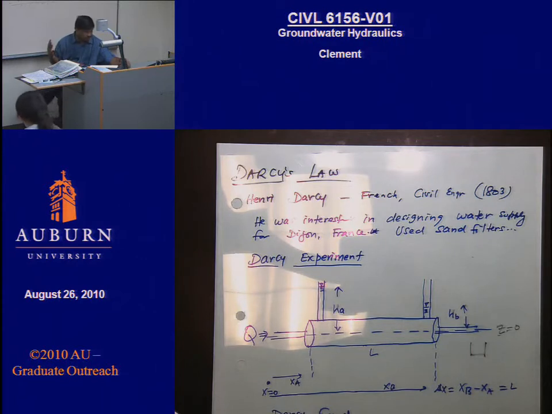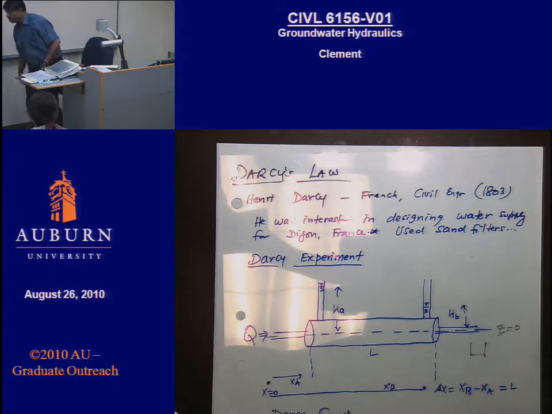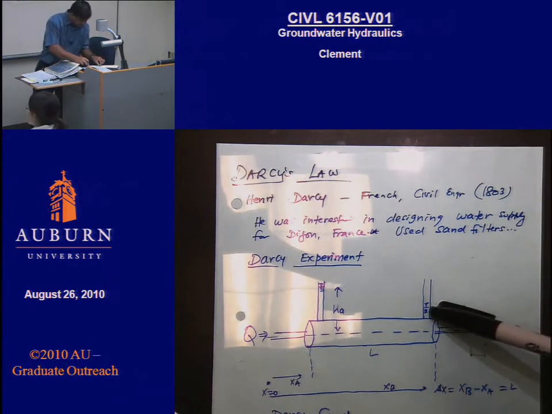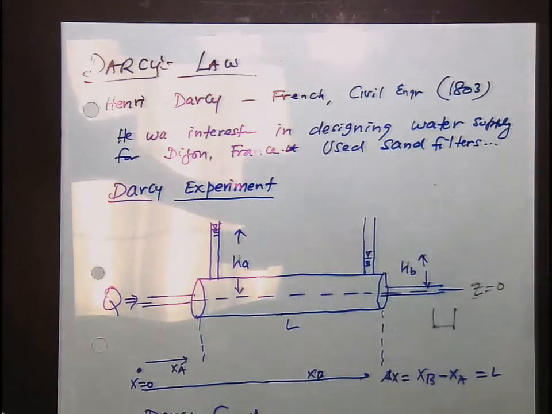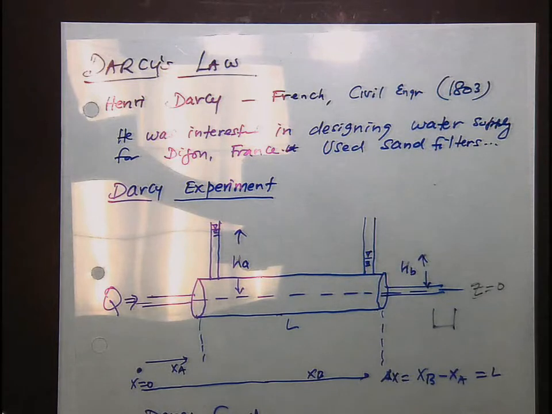Stephen. How much you changed it? Well, he increased the gradient, which means he kept reducing HB. So let's say he kept HA as constant and kept reducing HB. So the gradient delta H kept increasing. Okay, what would have happened to the flow rate?